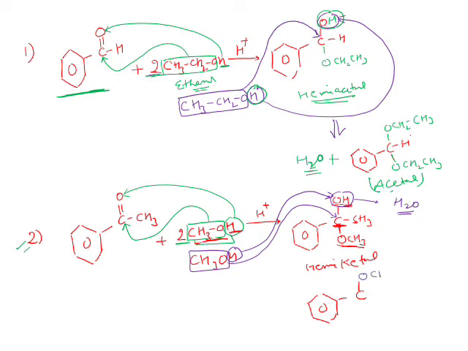OCH3, which is this one, and you have OCH3, CH3. So this is ketal. Right. So this is the product that you're gonna make, and make sure you practice this kind of reaction too.